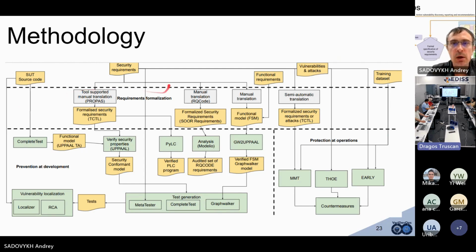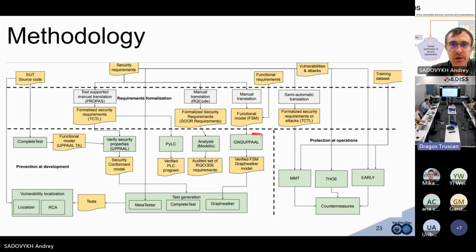So we go from requirements formalization stages to prevention and development, to protection to operation. This formalization step is one of the central pieces, because it gives inputs to development phase and operation phase tools.